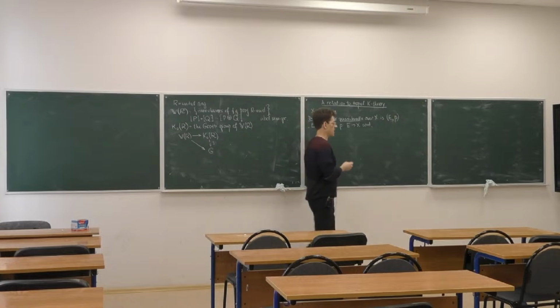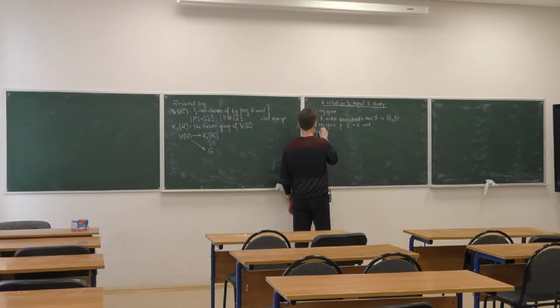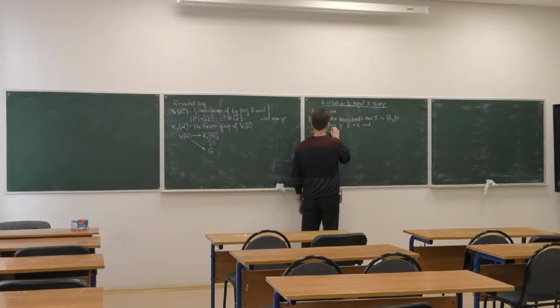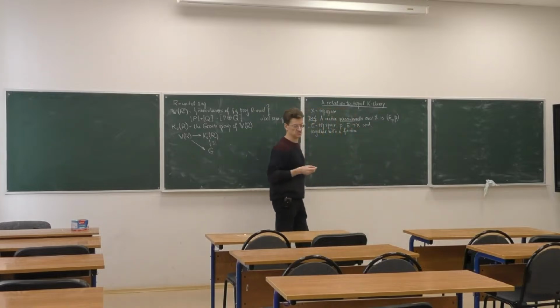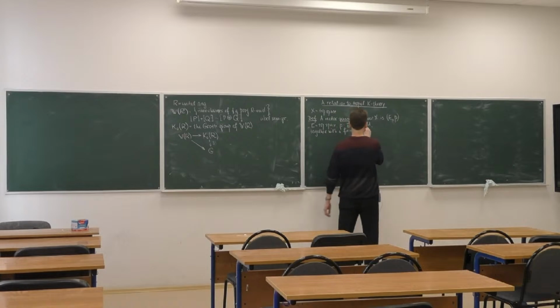together with a finite dimensional vector space structure on every fiber. Here we assume that all vector spaces are over the complex numbers.